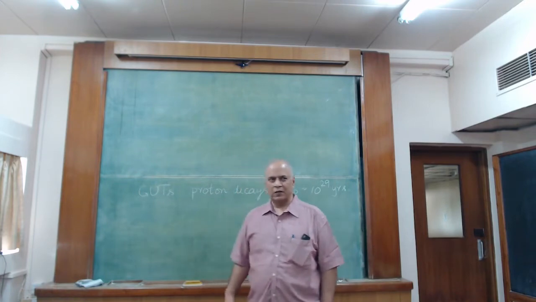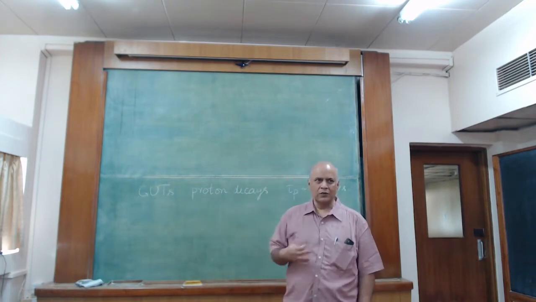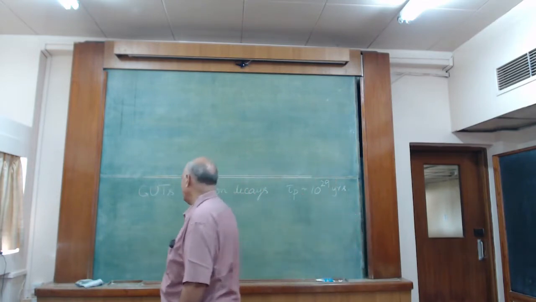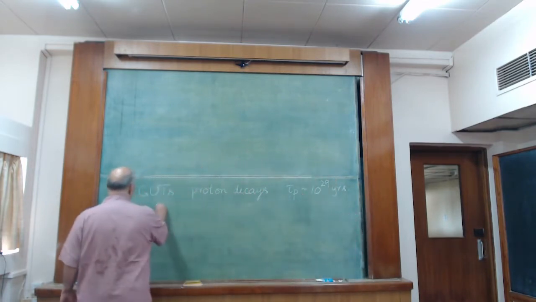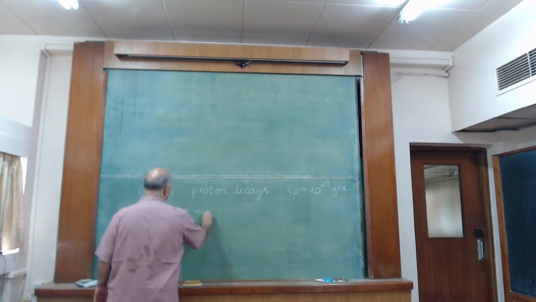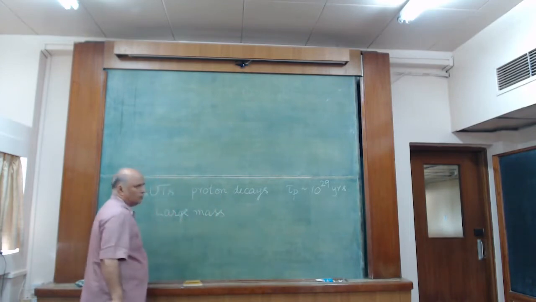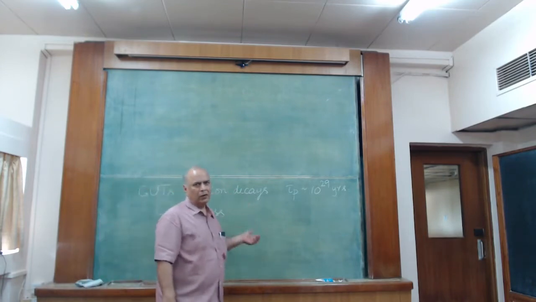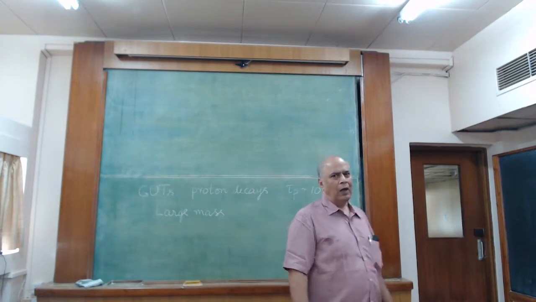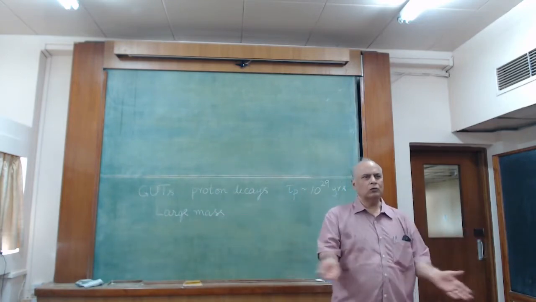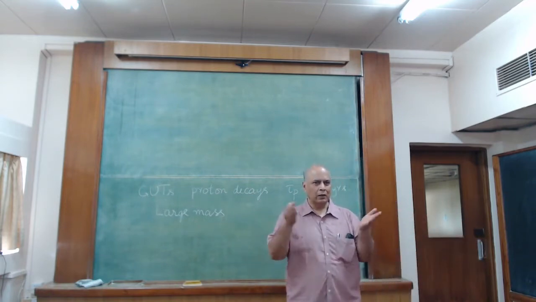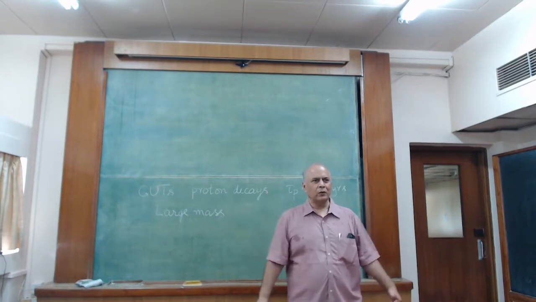So the question is how to observe proton decay. Obviously you need a large mass which contains, I don't know, 10 power 31, 10 power 32 protons, and you surround this large mass with detectors and hope to catch a proton decay.